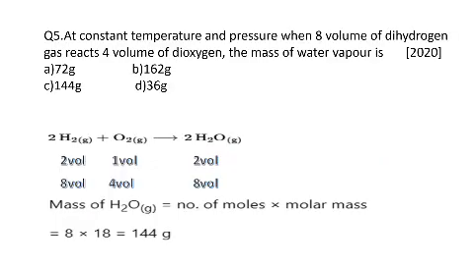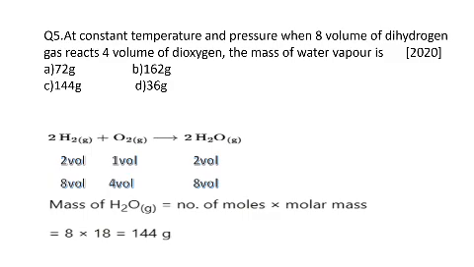Question number 5. At constant temperature and pressure, when 8 volumes of dihydrogen gas react with 4 volumes of dioxygen, the mass of water vapor is? If we see the reaction, 8 volumes of hydrogen added with 4 volumes of oxygen give 8 volumes of water molecules.